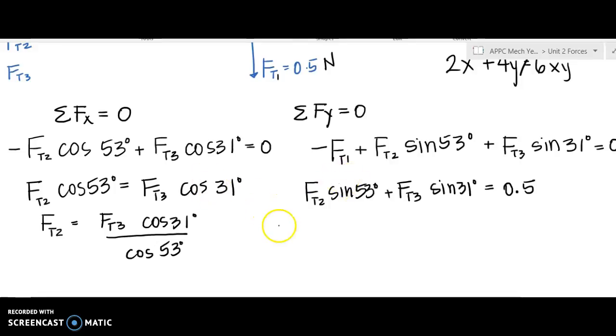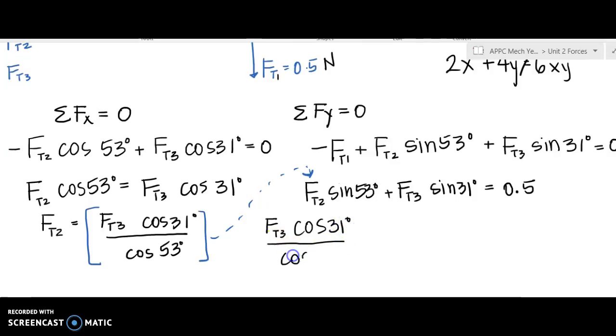Alright, so FT2. If I make then this substitution over here, so take this whole big nasty thing, and we're going to dump the whole thing in over here. So then we'll have FT3 times the cosine of 31 degrees divided by the cosine of 53 degrees times, don't forget there was a sine 53 hanging out over here. Most common mistake of all time.